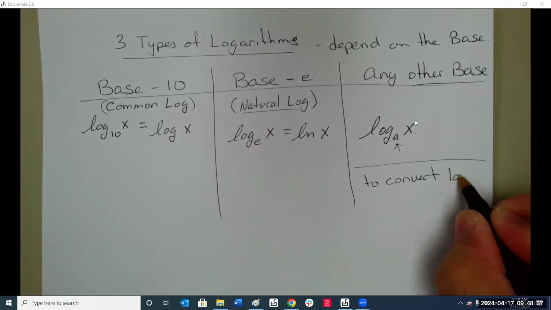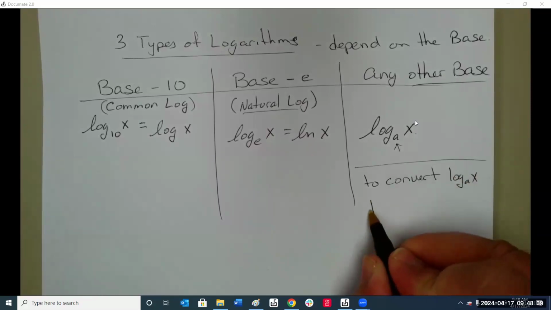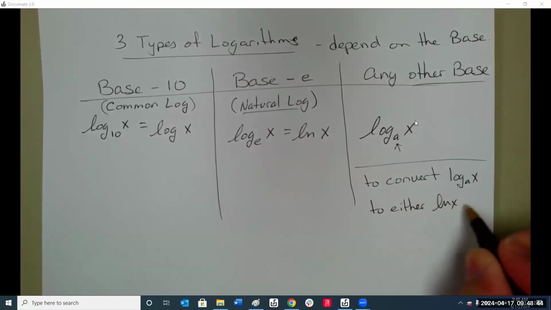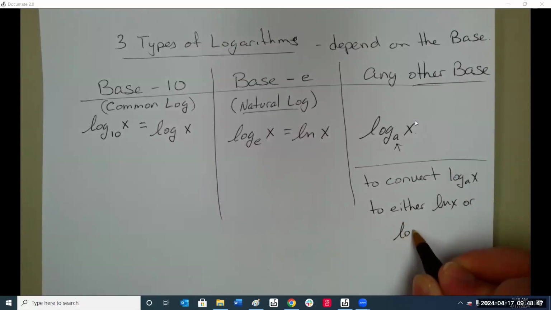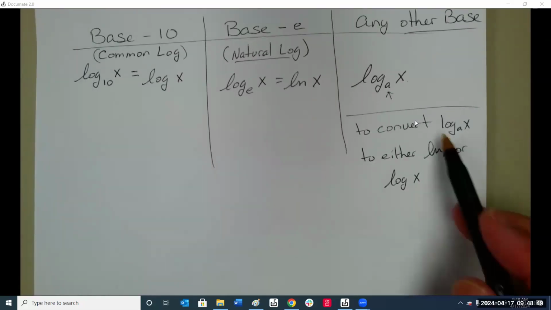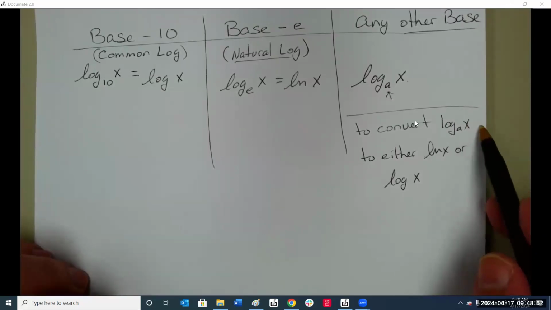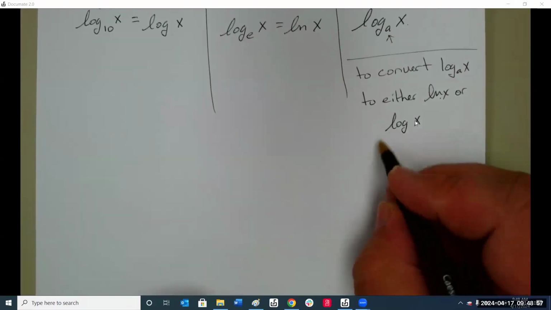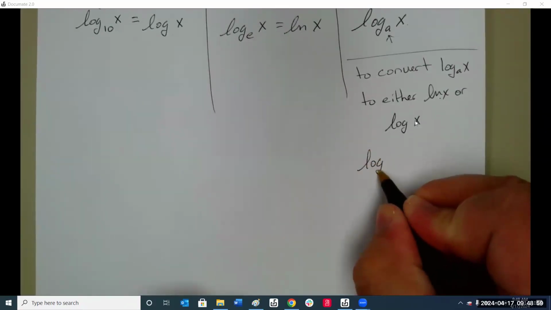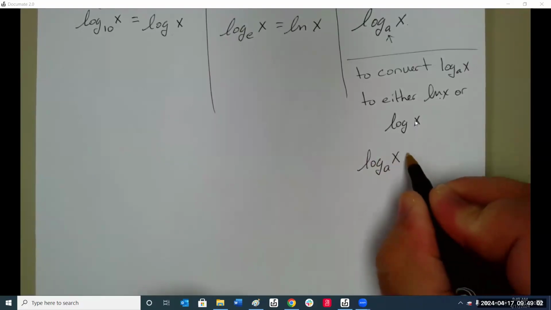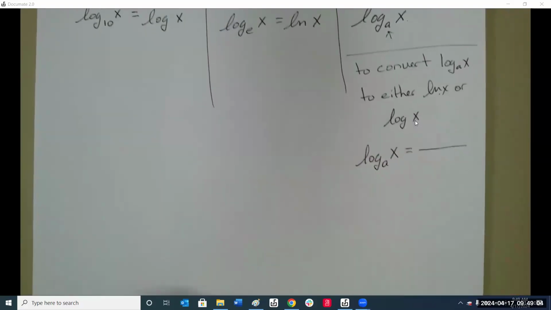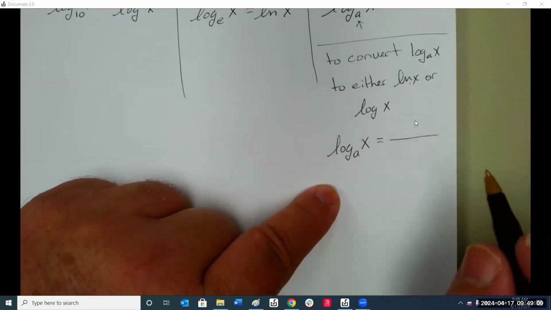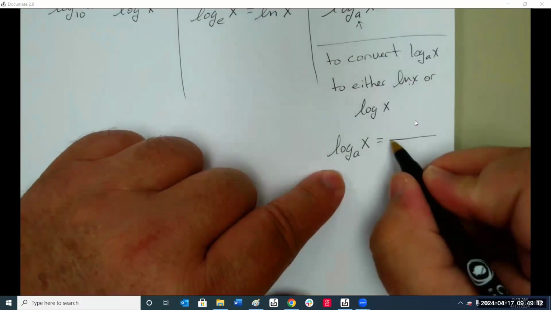To convert log base a of x, whatever a is, to either natural log or common log, here's the conversion. Let's do ln first.